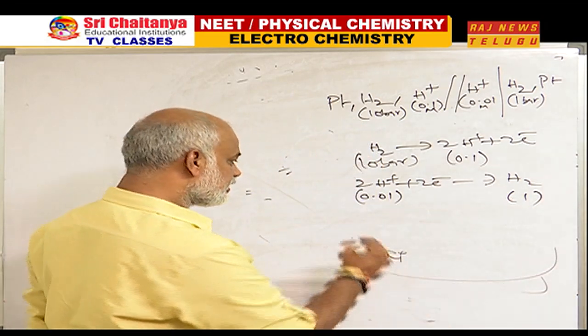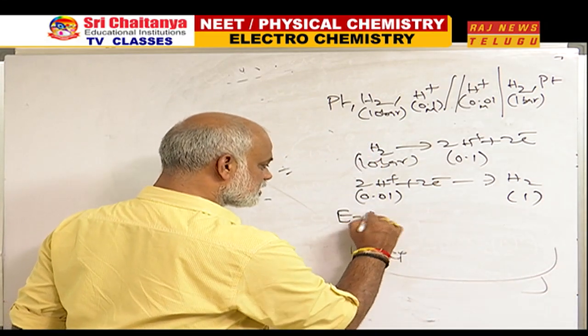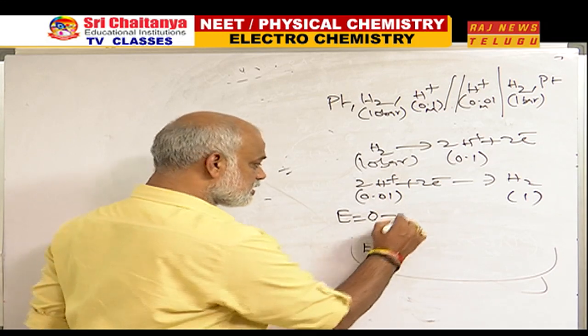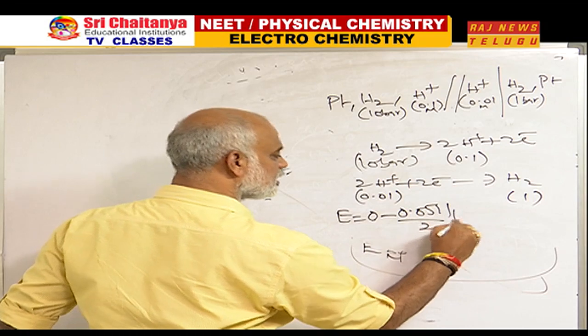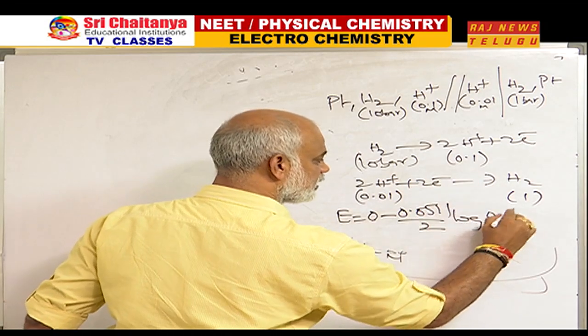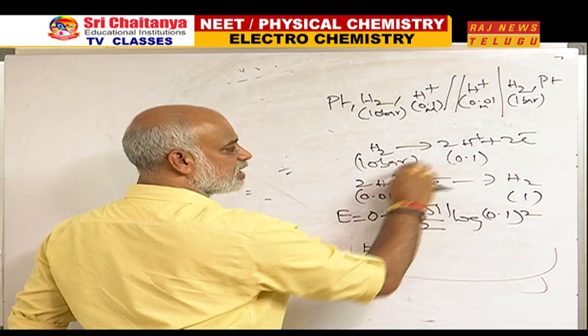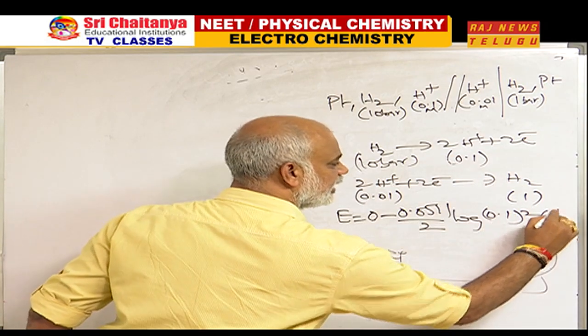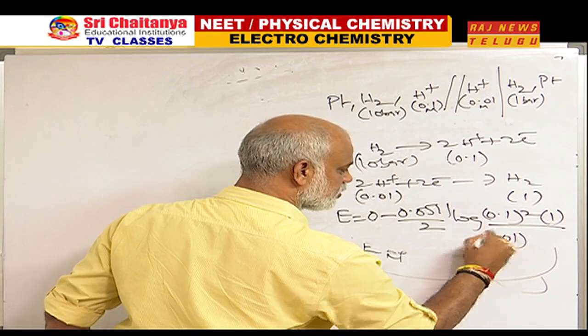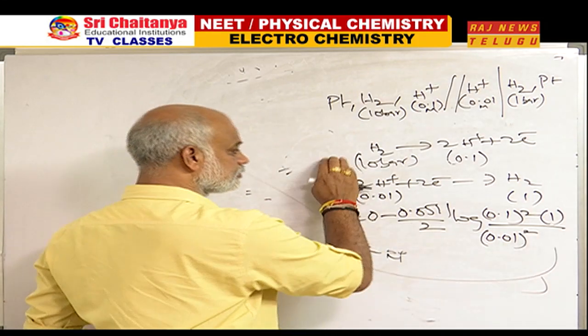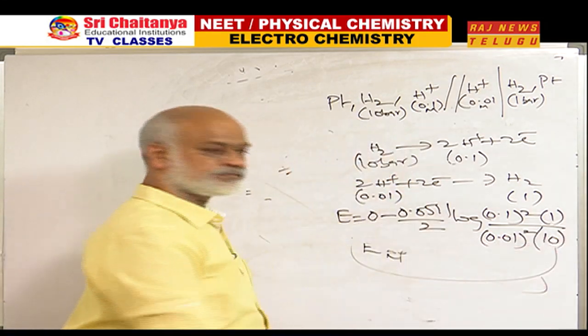I am directly doing it. E is equal to 0 minus 0.0591 by 2 logarithm of 0.1 whole square, products, into 1, by reactants, 0.01 whole square into 10.